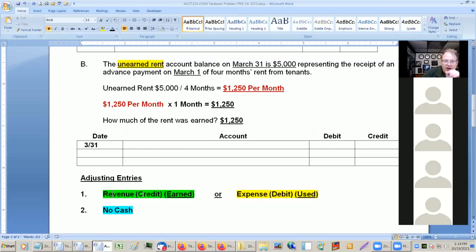Okay, good thing about revenues, they're always credits. So this will just be revenue, and it's for what is earned. They're always credits. Unless something wacky happens.